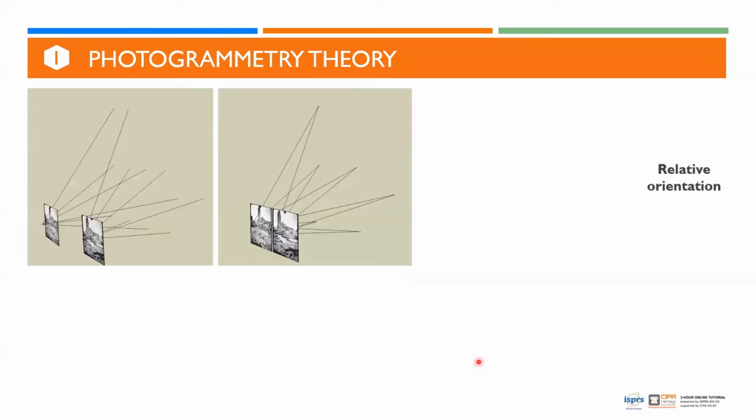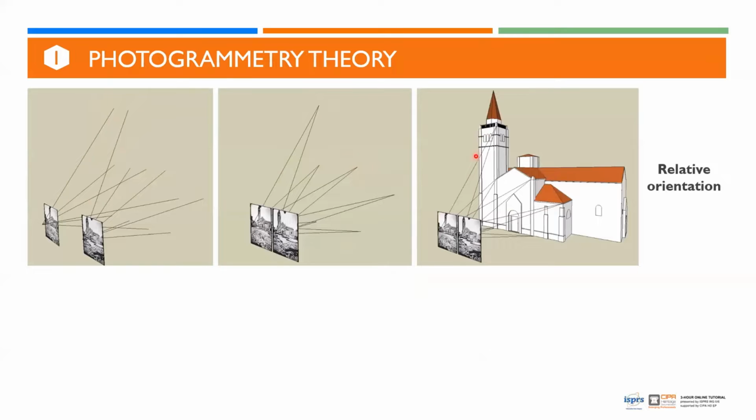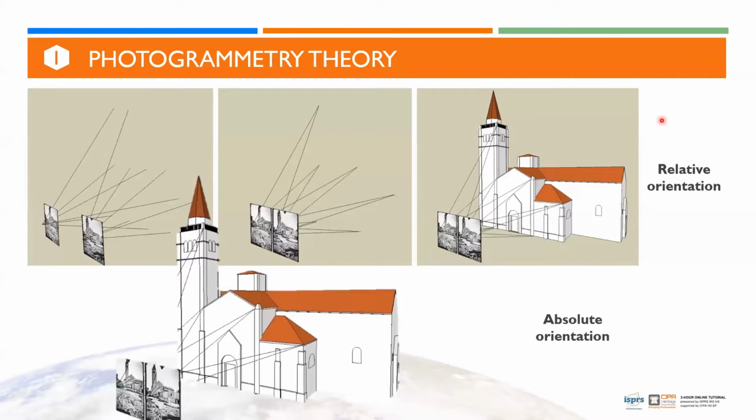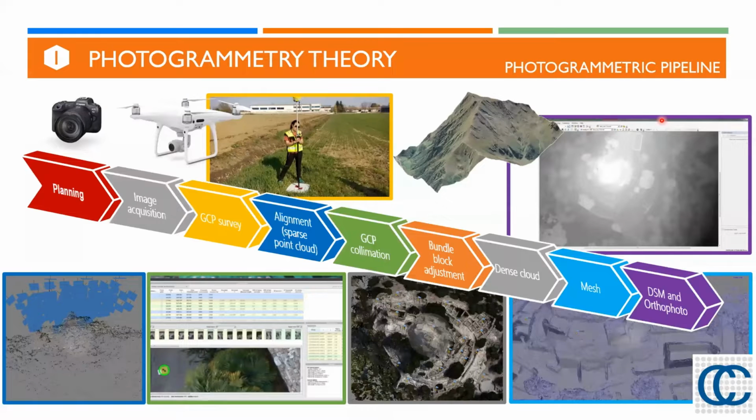So here you can see the relative orientation: from the infinite possibilities that we have to place our 3D point, we find the unique and correct one, and we start to build our 3D model. Then we scale it, we roto-translate it, and we place it in the real world, and we are performing our absolute orientation.